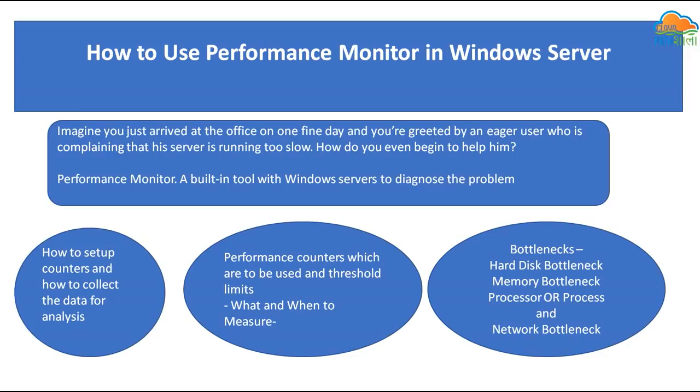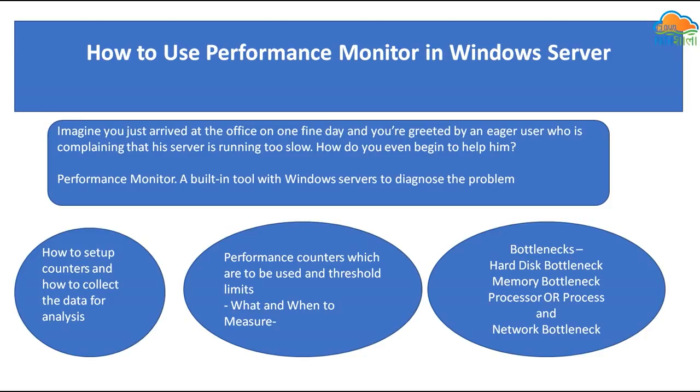We will discuss how to set up counters and collect the data for analysis. We will also discuss how to set the threshold limits for those counters, and what exactly we have to measure and when we have to measure.